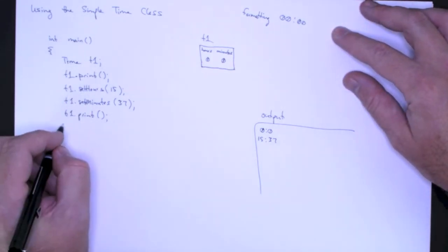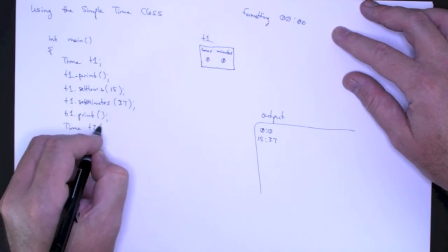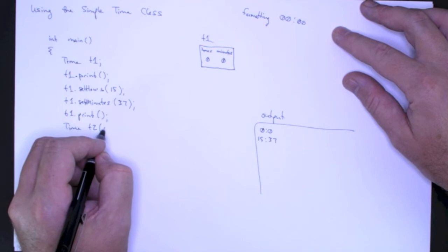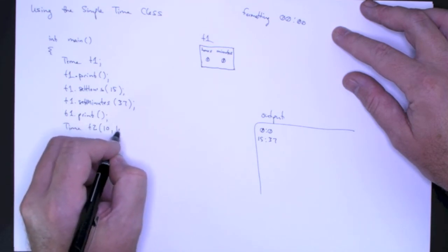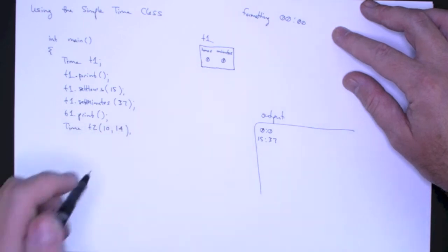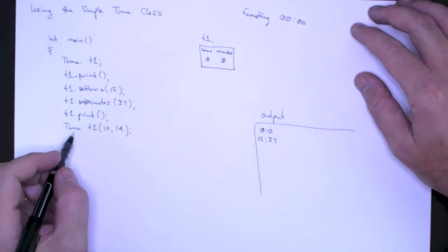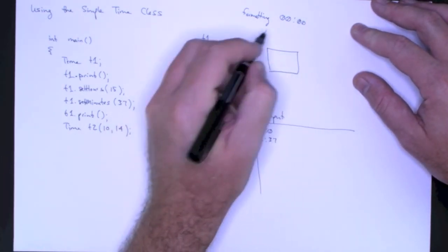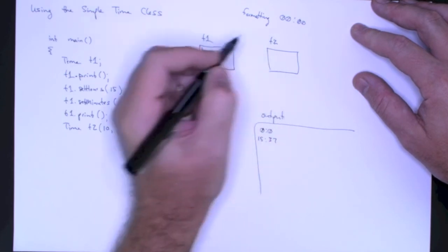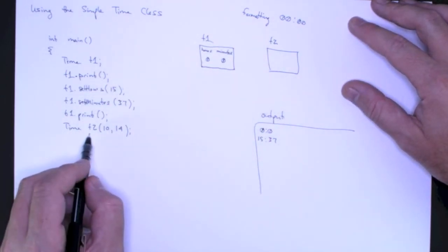Of course, I can create other time objects, and this time I'll use the explicit constructor. And a similar process happens. Memory is allocated for this time object, which we can refer to as T2, and then it executes the appropriate constructor.